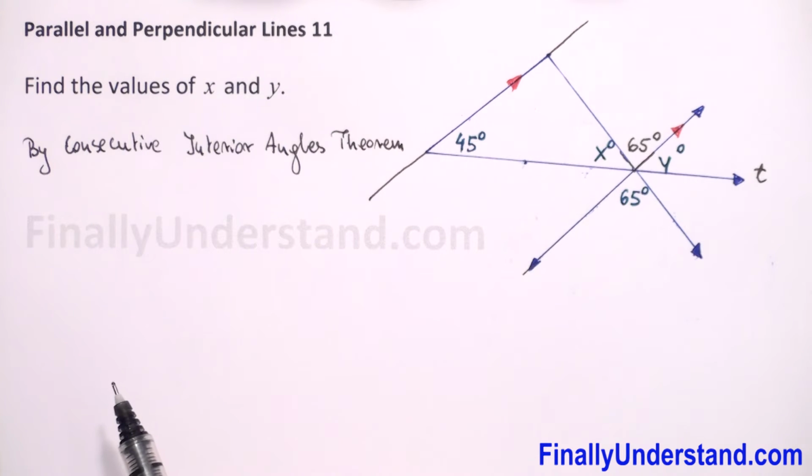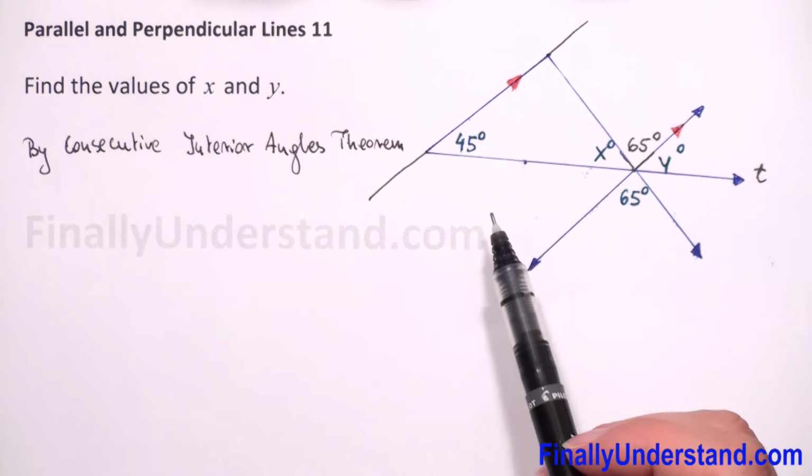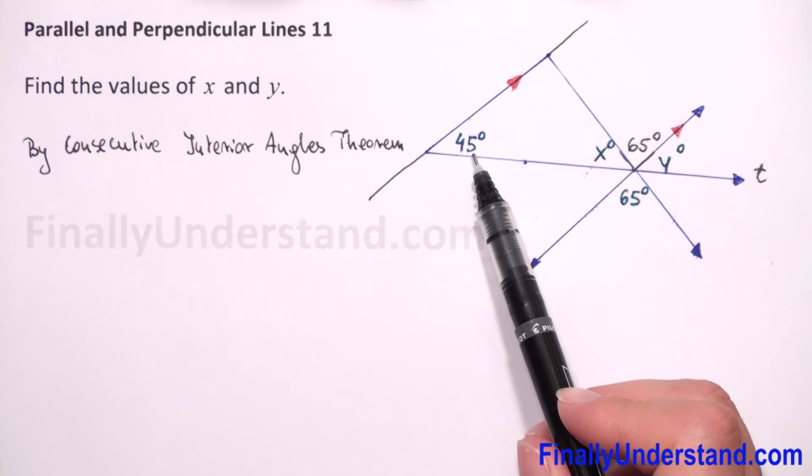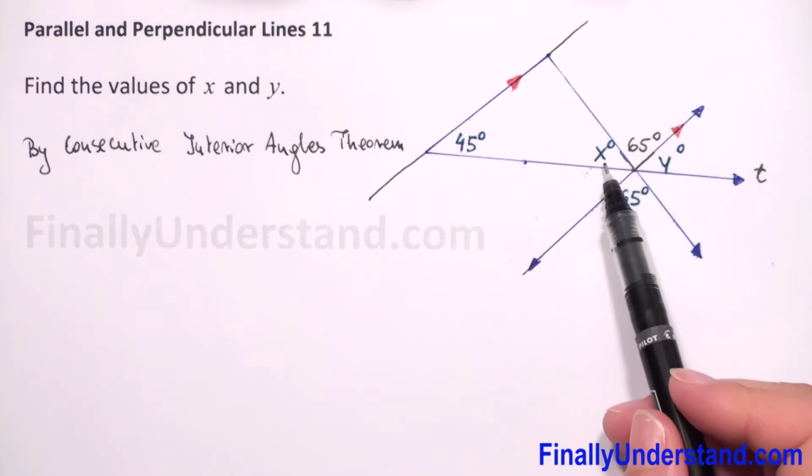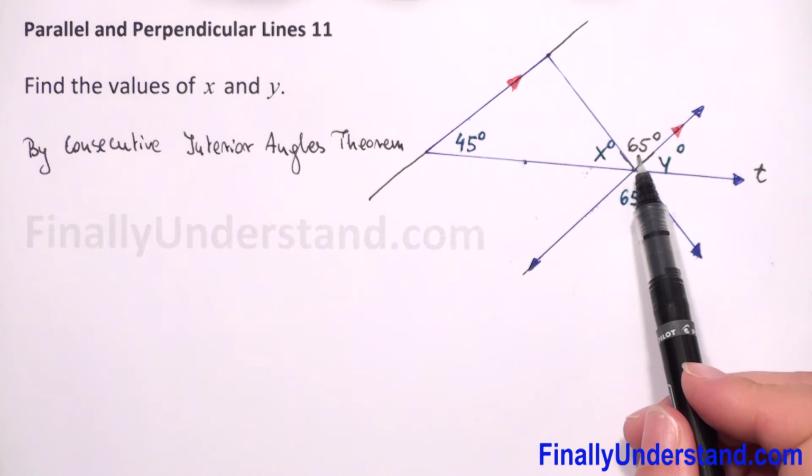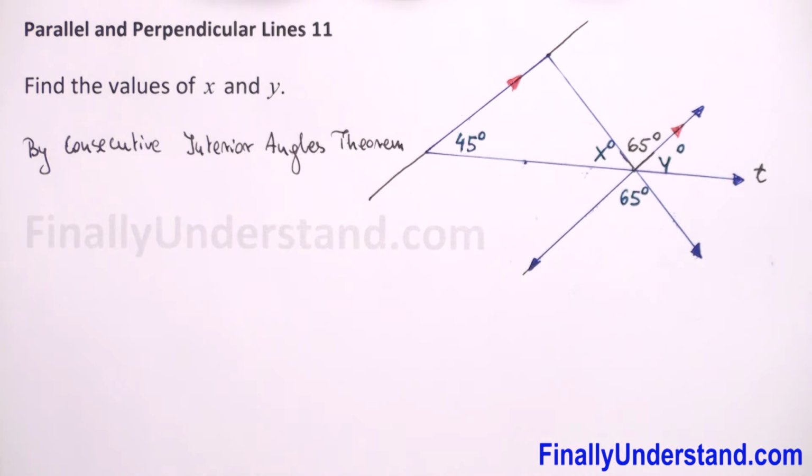And by the consecutive interior angles theorem, we have that angles 45 degrees and x degrees plus 65 degrees are supplementary angles.